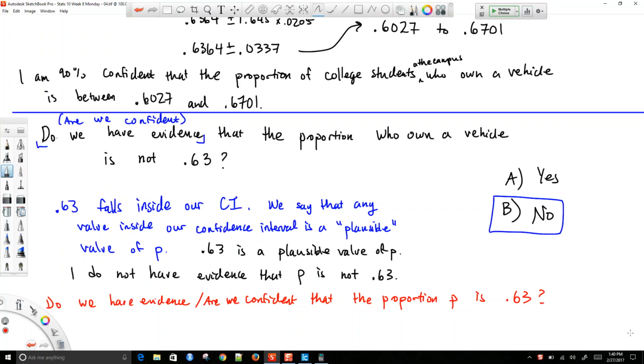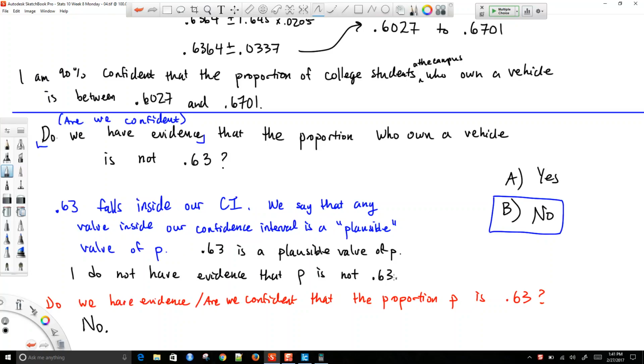Our answer here is also no. We have to say no. Even though I say I do not have evidence that P is not 0.63, that's not the same thing as saying I have evidence that P is 0.63.